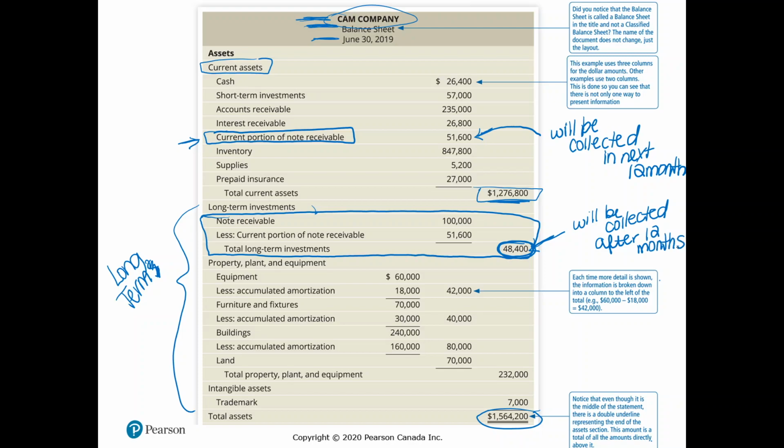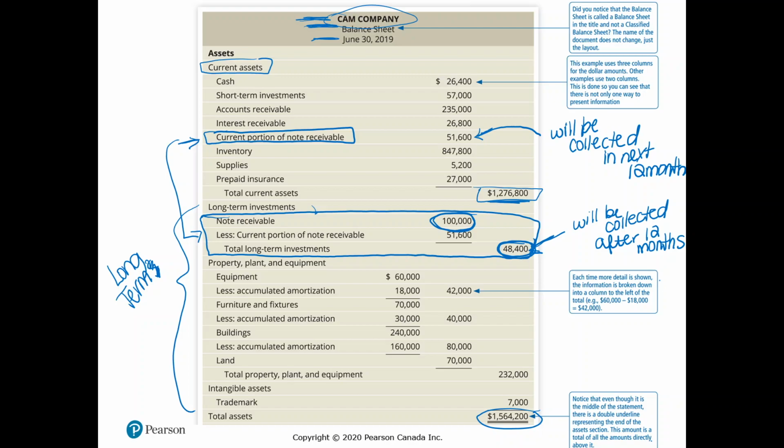So there's only one note receivable, and the total balance right now is $100,000. But we're going to collect a portion in this next year, and then the remainder will be collected in future years. So the users want to know this information, so we break it out this way on the balance sheet. Okay, I think that's what I wanted to point out here.